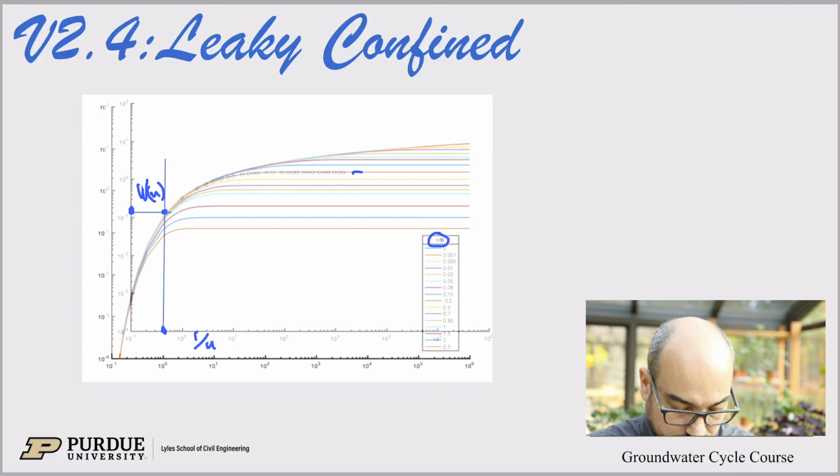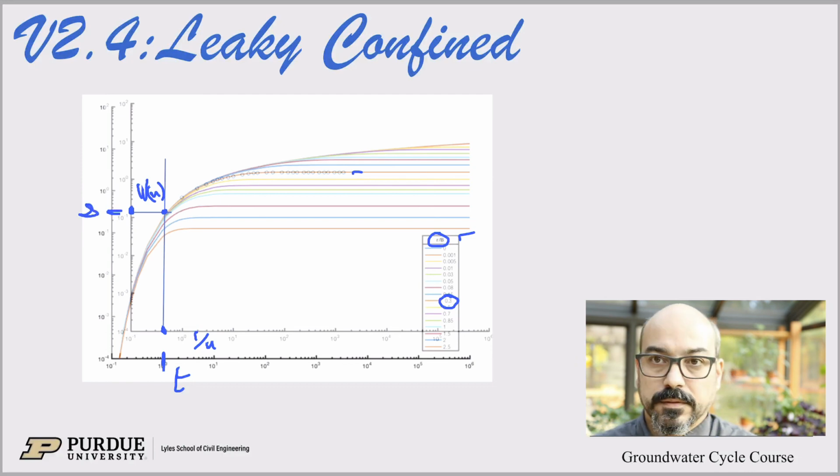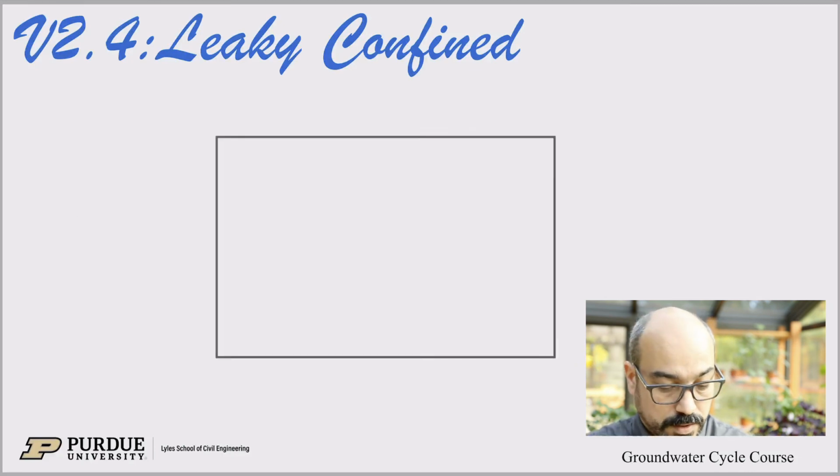If we start from the bottom, we go to the orange curve, so it looks like 0.3 probably, between the yellow and the blue, yes, 0.3. So now we have the value of 1 over u, the value of W(u), the value of R over B, the value of time, and the value of drawdown, right? So now we have everything we need, we can just plug it in. So that's how you get all those values.